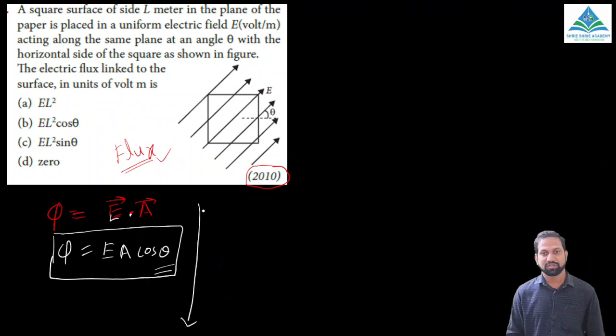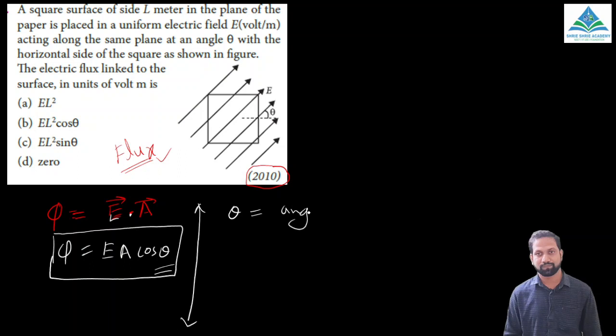Listen, theta is the angle between the field line and the normal drawn to the surface.